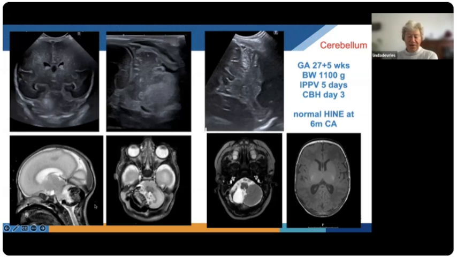The early MRI shows the severe lesion on the right cerebellar hemisphere, and at term equivalent age, we see that the right cerebellar hemisphere is mostly gone, and supratentorial, the brain looks actually very nice with normal myelination of the posterior limb. And the baby was seen at 6 months so far and had a normal Hammersmith assessment.